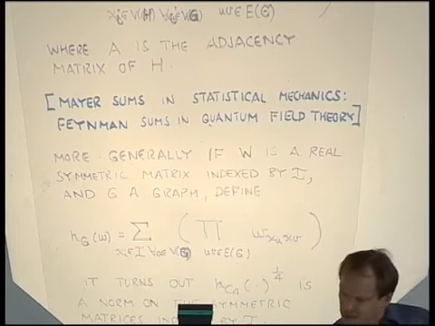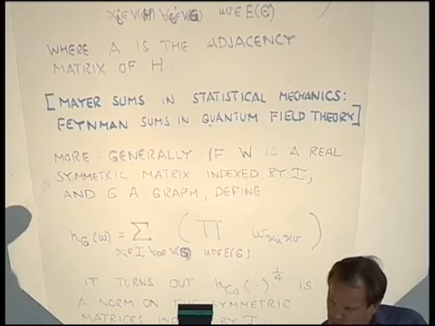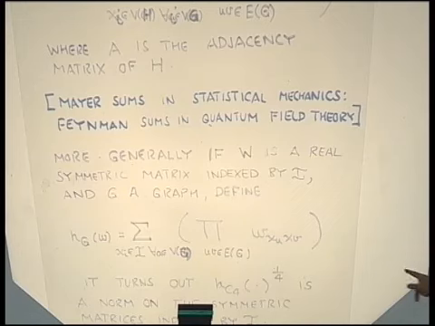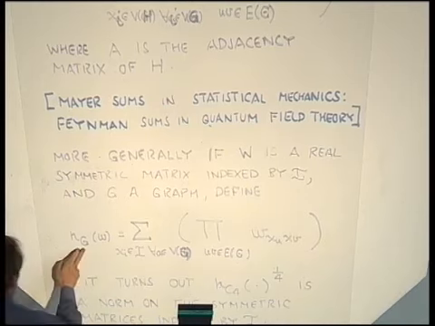Now, it's actually convenient to work in a slightly more general context. The adjacency matrix here is a symmetric matrix, so let's just deal with a more general symmetric matrix indexed by this index set I here. So this is a function that, given a graph G, you can define this function.